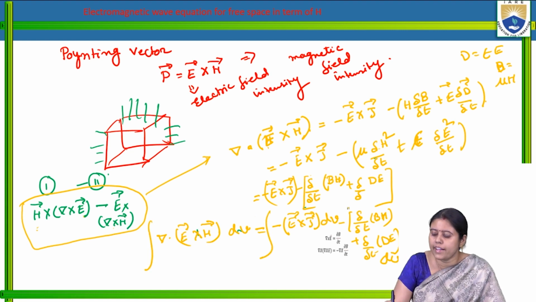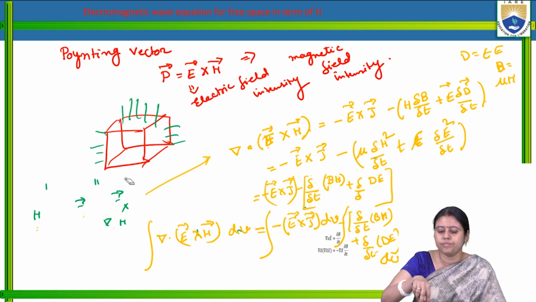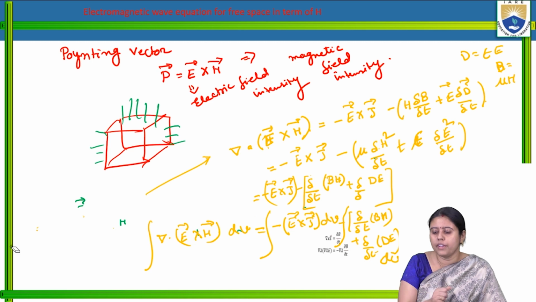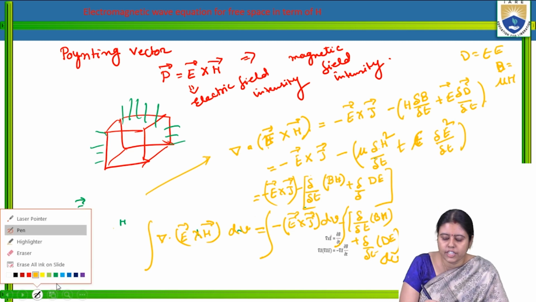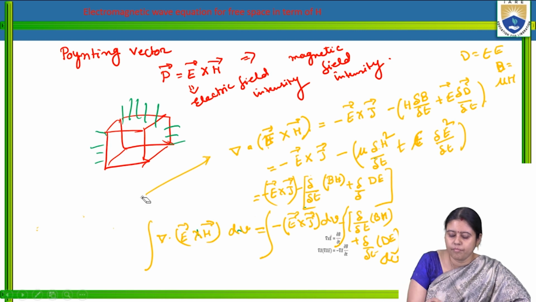Now if we take the integration on all three sides, what will we get here? We will get grad dot E cross H dV.